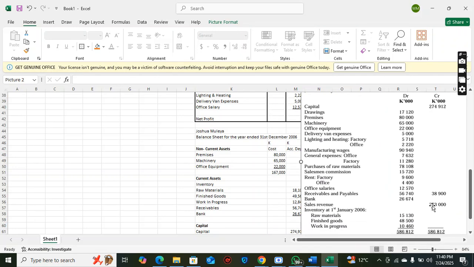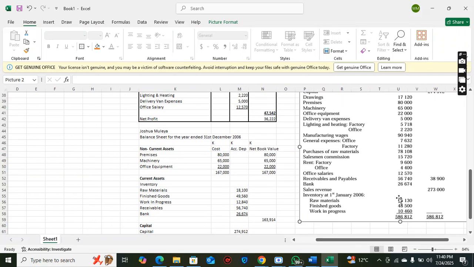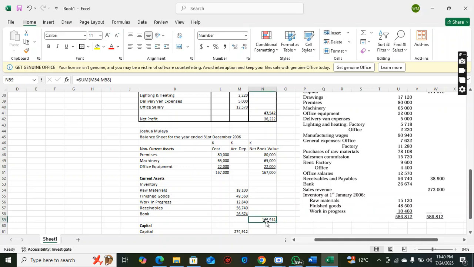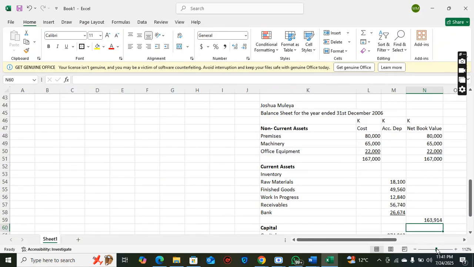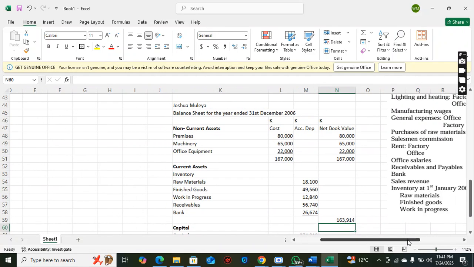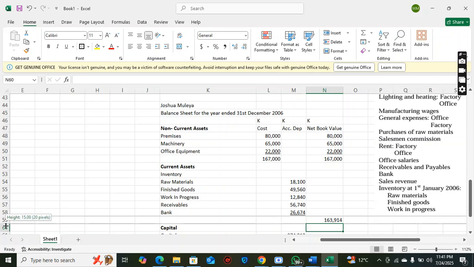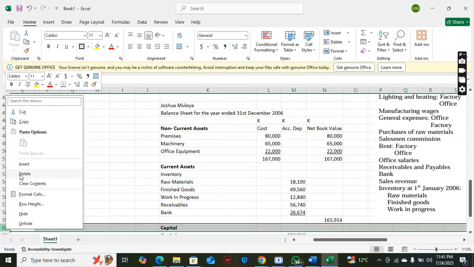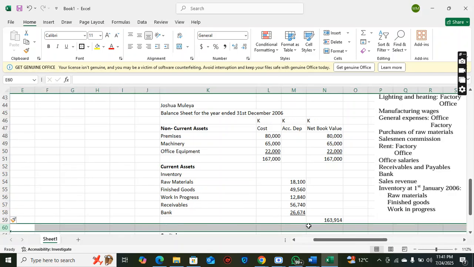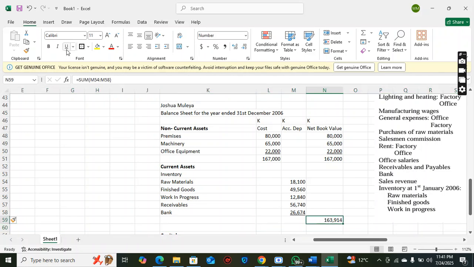Kindly remember for the balance sheet, assets must equal. Did we? I never totaled them up. Oh, okay. Thank you, madam. Yes, we get our total assets.